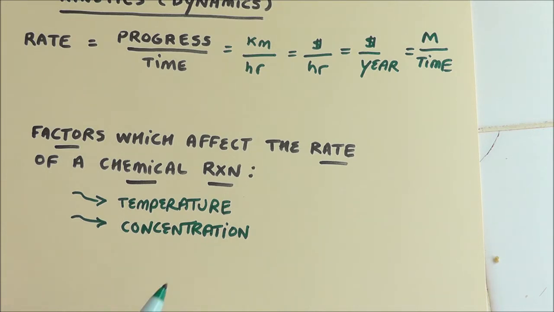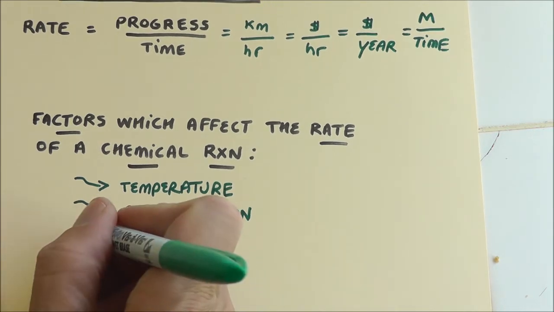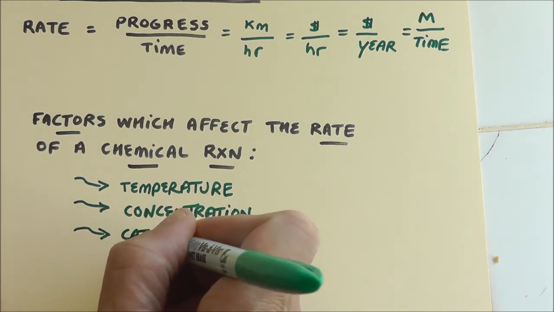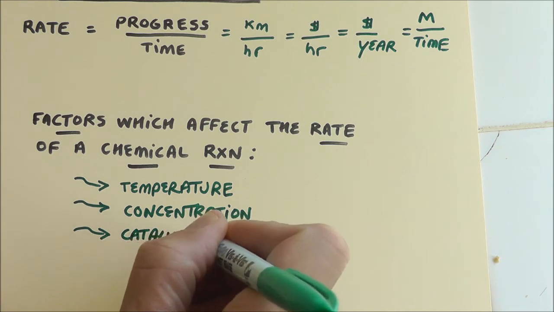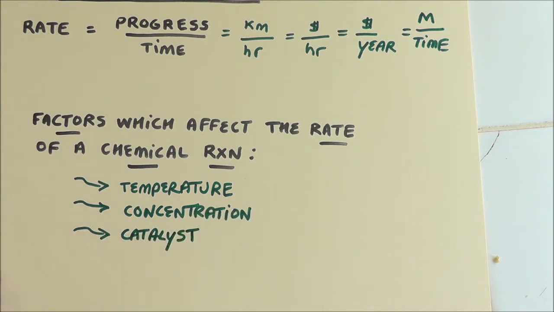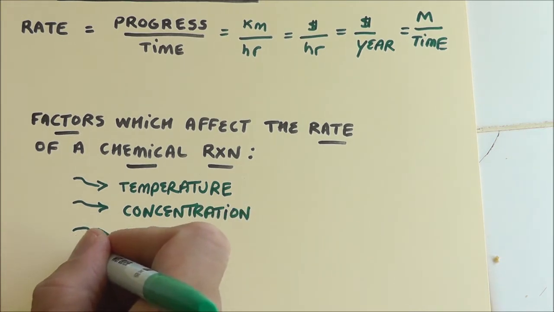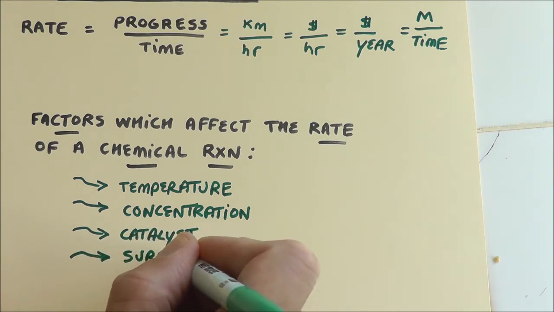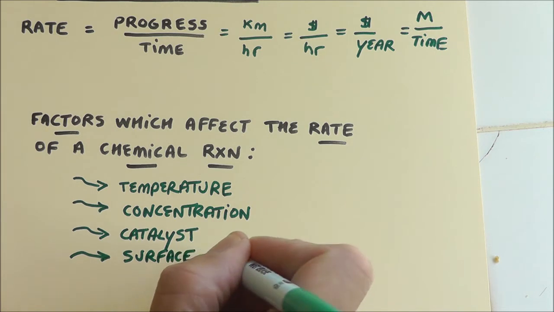The other thing is that you can get a helper that makes the reaction go faster, and that would be called a catalyst. And finally, another thing is we could change the surface area.